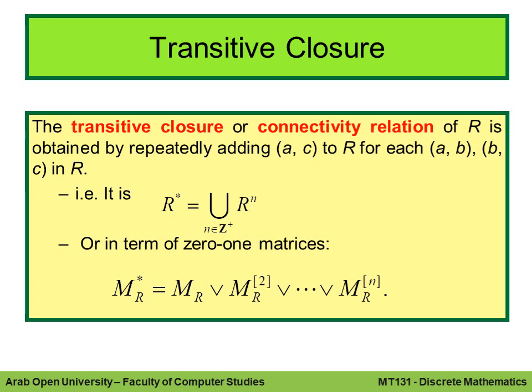You take the matrix of R joined with the matrix for R squared. If you take the join of all those matrices, that will give you the matrix of the transitive closure. Or the other way, if you have a small relation, you just apply the condition directly by adding (a, c) to R. Every time you see (a, b) and (b, c) in R, you must add (a, c).